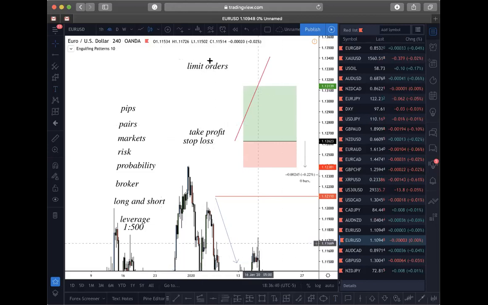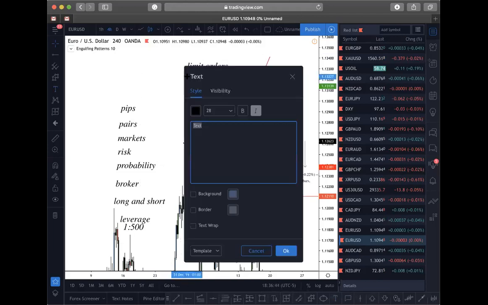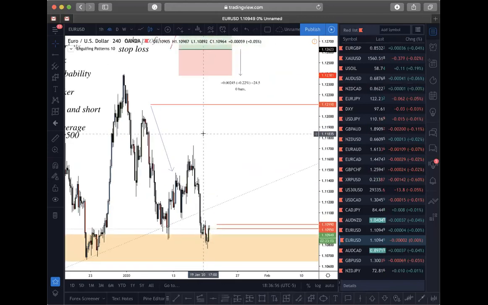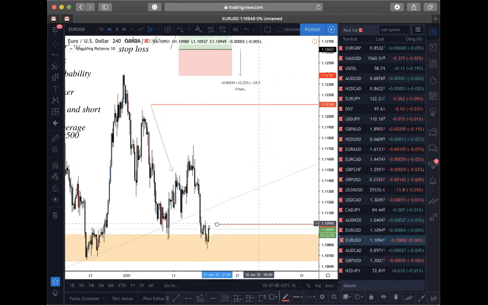So for example, the first type of entry you can use is called market execution, right? This simply means that you're entering at the current price, right? So for example, down here, this is the current price of the market, $1.20, right?